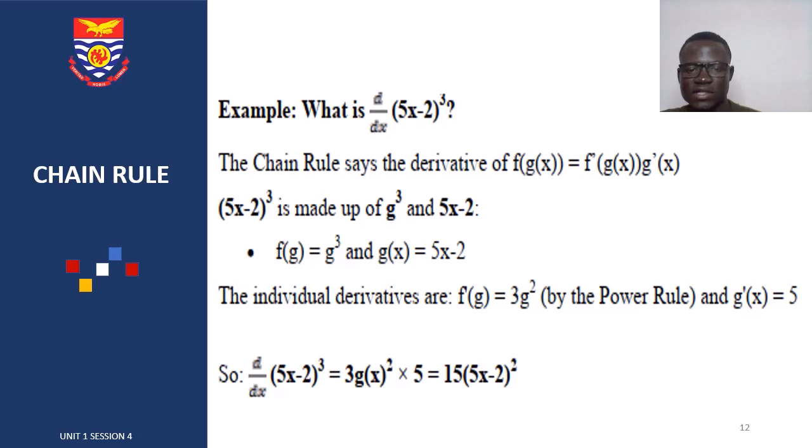The individual derivatives are the derivative of f of g, which will give us 3g squared, and the derivative of the function g of x will give us what? 5. So at the end of the day, we are going to have 3 times 5x minus 2 all squared times 5, which will give us 15 into brackets 5x minus 2 all to the power 2.